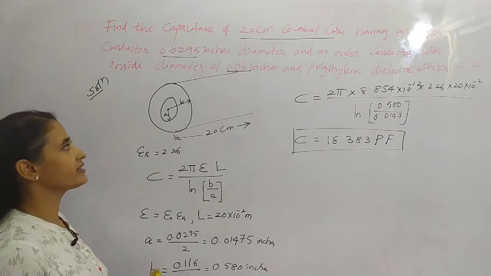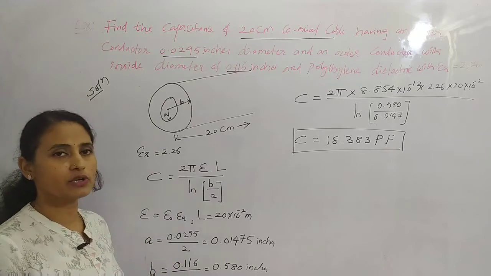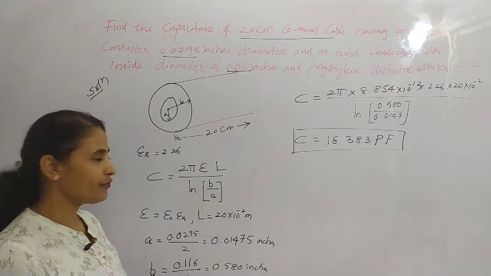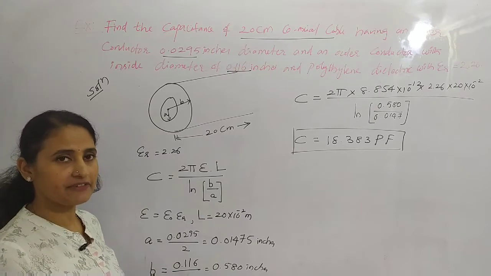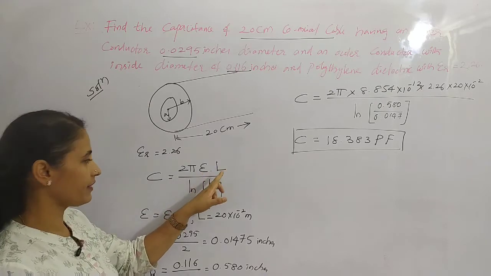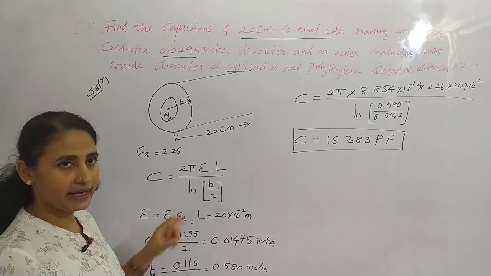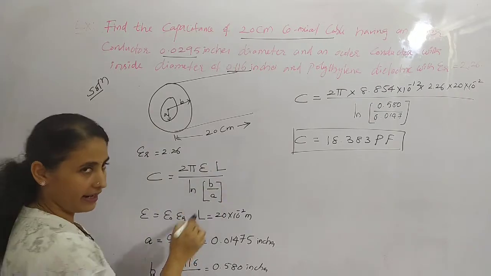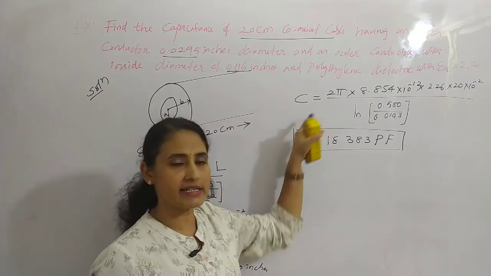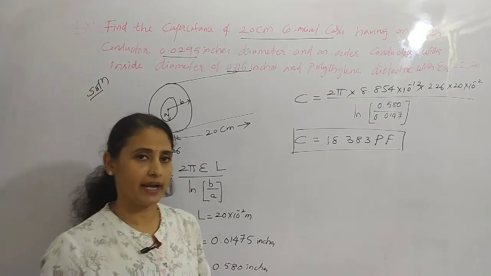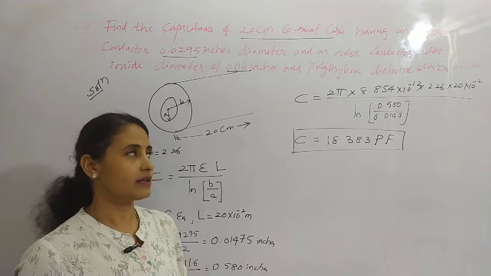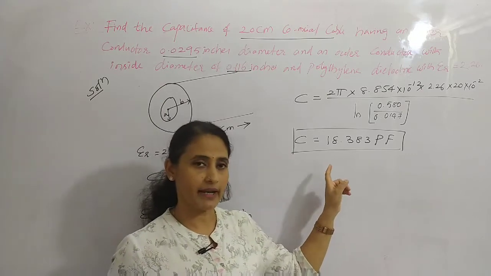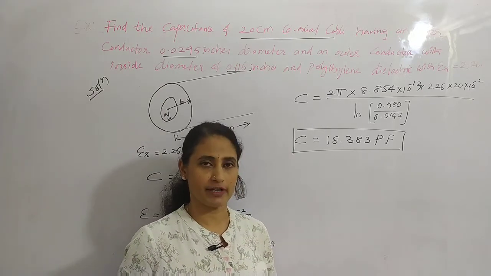We are supposed to find the capacitance between these two conductors, for which we have the formula we derived in the last class, 2 pi epsilon L by log B by A. Individually we obtain the values of epsilon, L, B and A, substitute in the formula and simplify, and finally we obtain the capacitance of the coaxial cable as 18.383 picofarads.